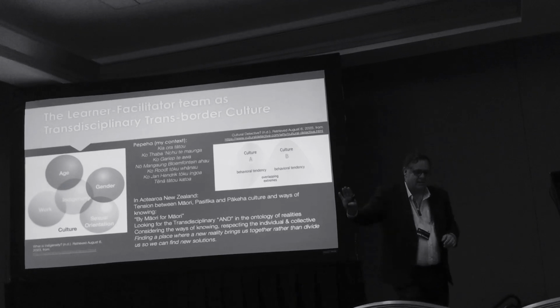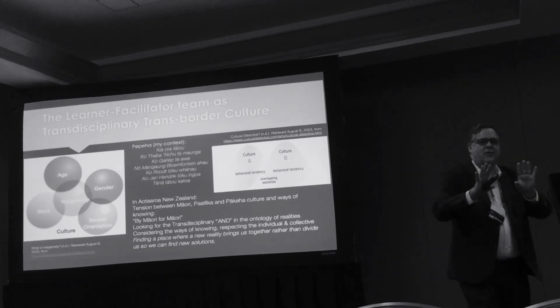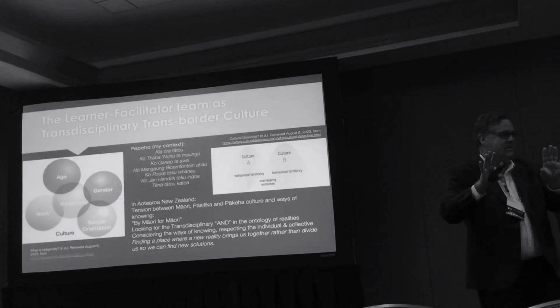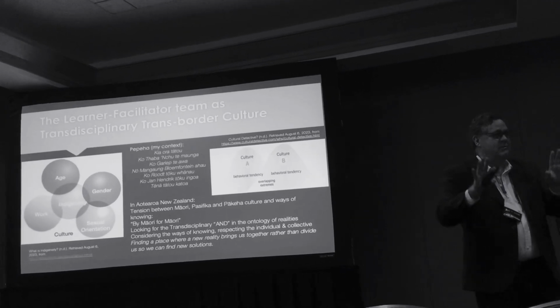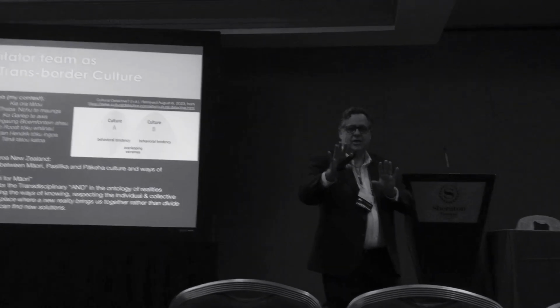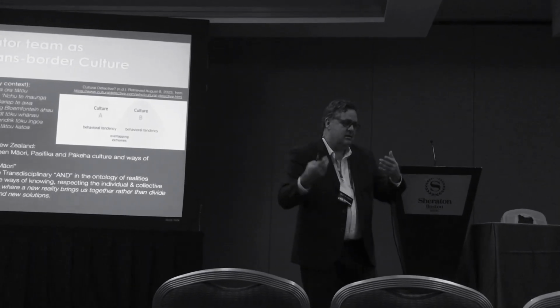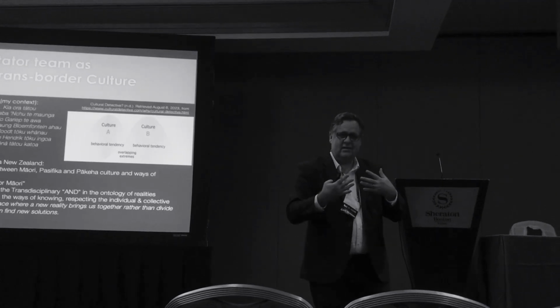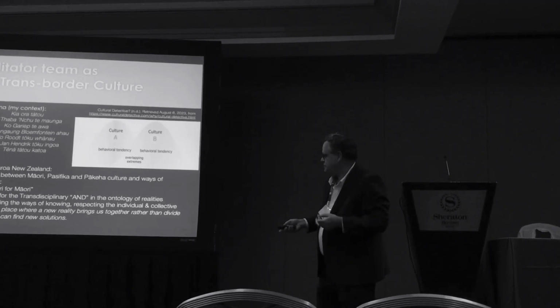And the idea is that we have to come to know each other as we learn about each other, and then learn about the things that we each can bring to the party. So there is this relationship that develops between the facilitator and the learner.